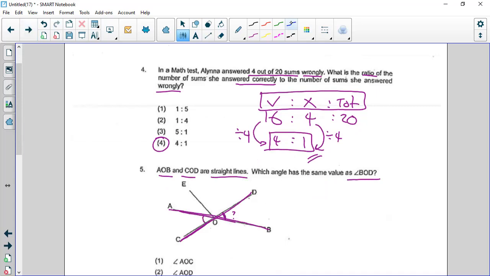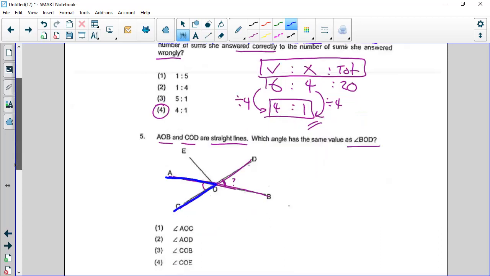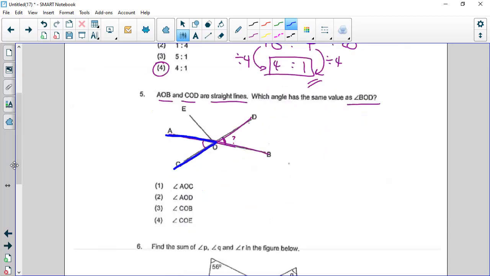The opposite angle here. The opposite angle is the same. What do you call the opposite angle? You call it AOC or COA. Either way is correct. So answer number 1. Okay, clear so far? When there are two straight lines, you need to look for X, but you must have two straight lines.